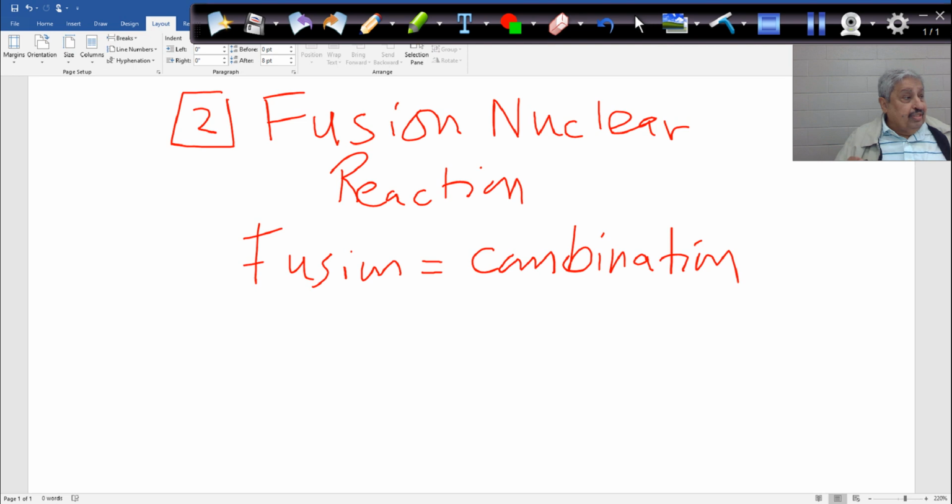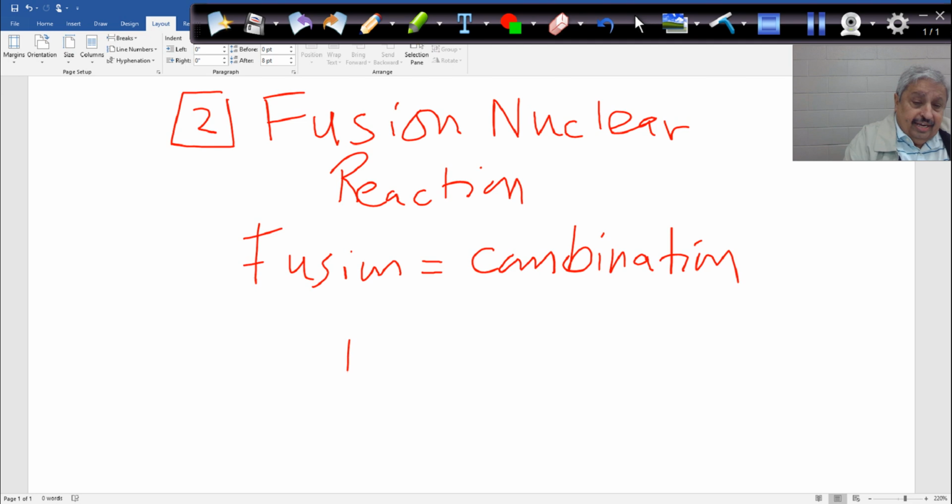And by doing this, you generate a big amount of energy out of this combination. This is the reaction found in the sun. In our Milky Way galaxy, we have a sun. The main reaction in the sun is a fusion nuclear reaction.